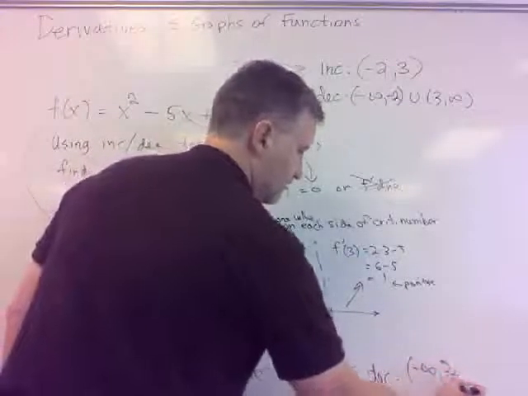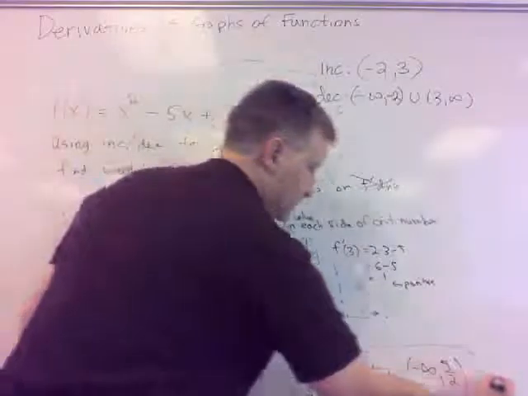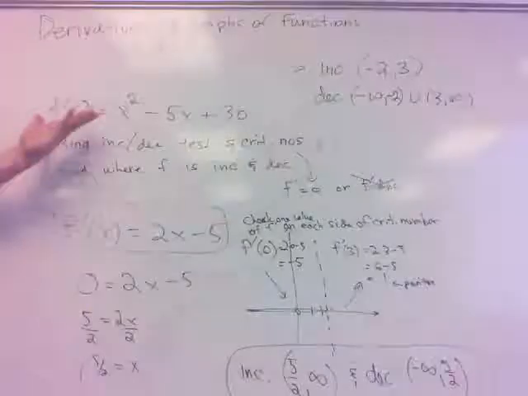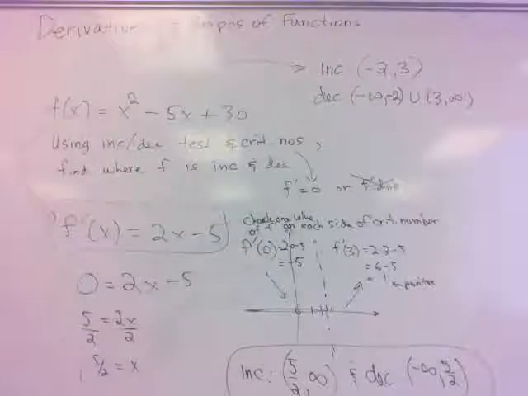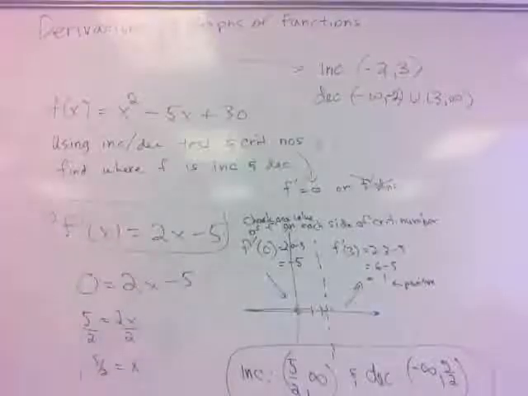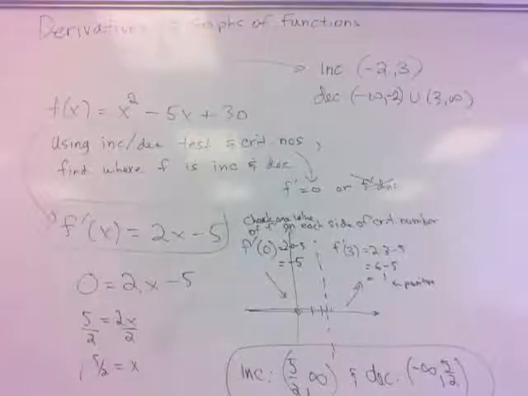With me? Like I said, that one's probably an easy one. We could probably figure out the graph and do that because we know it's a parabola that opens up. But this is the idea that we're going to use for more complicated ones, and it will always work the same way, no matter how complicated it is.